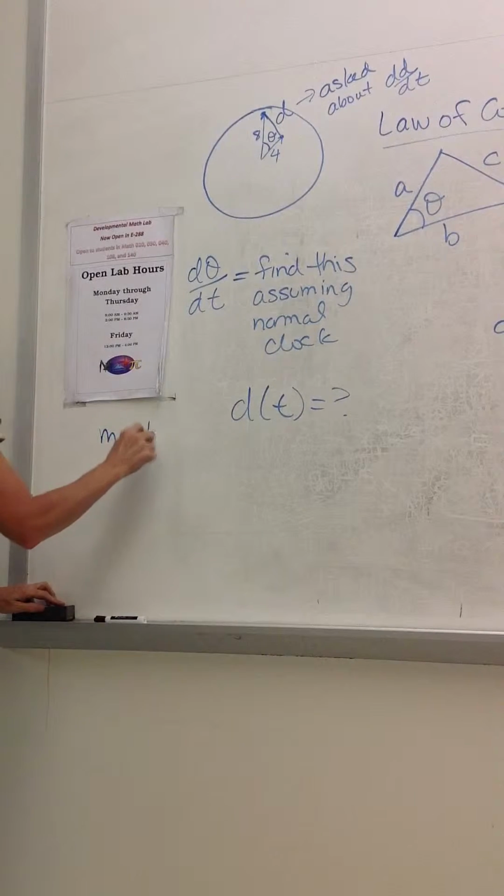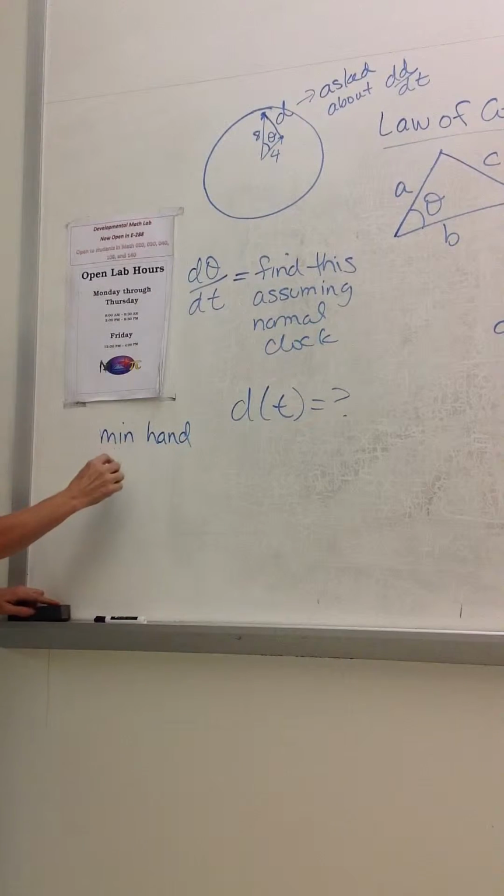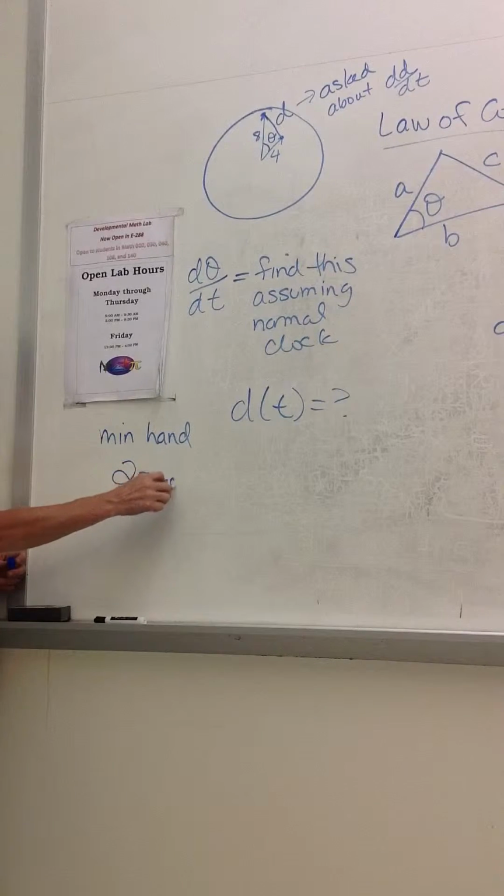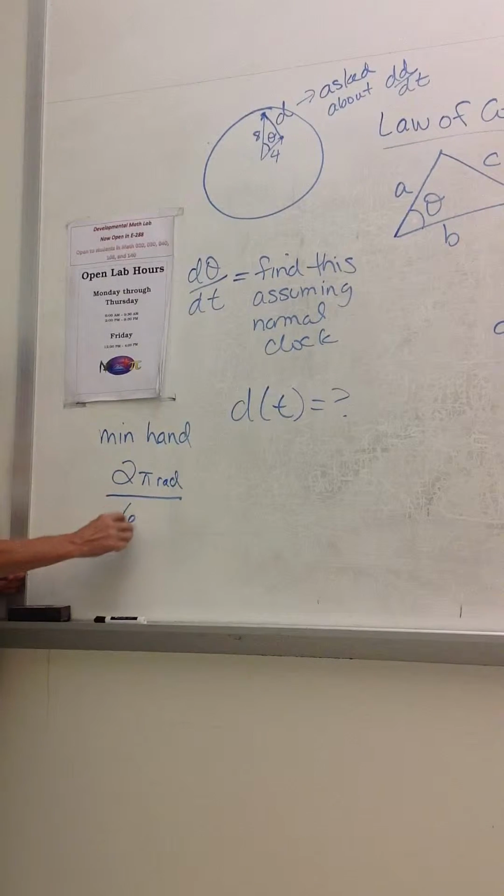The minute hand makes a full revolution, and don't put degrees because we'd have to make some conversions. So think in radians. How many radians make a full rotation? 2 pi. Okay, so it's making 2 pi radians per 60 minutes.